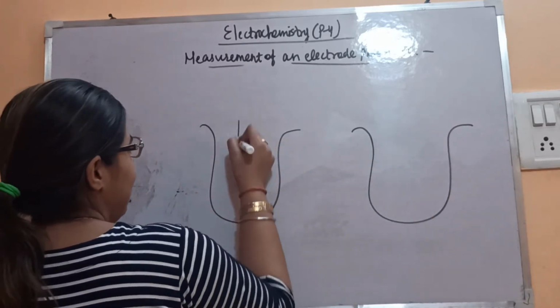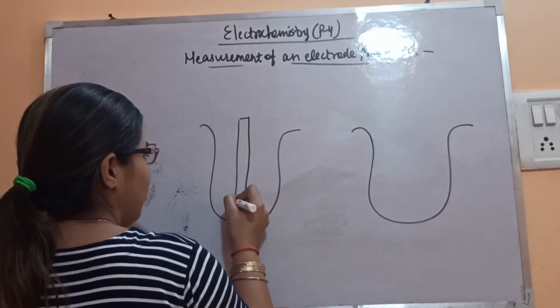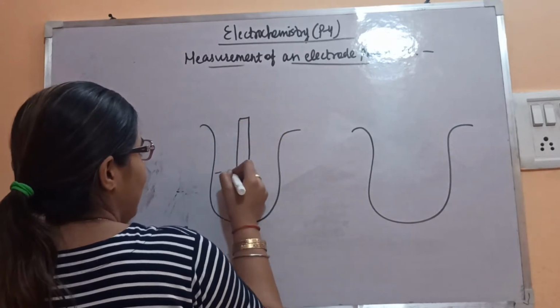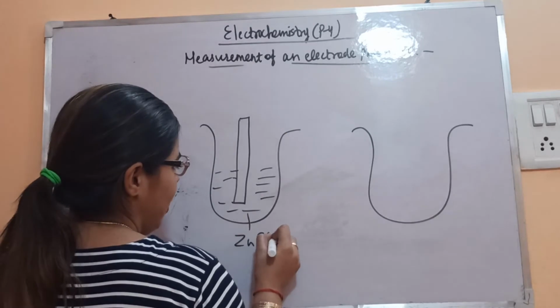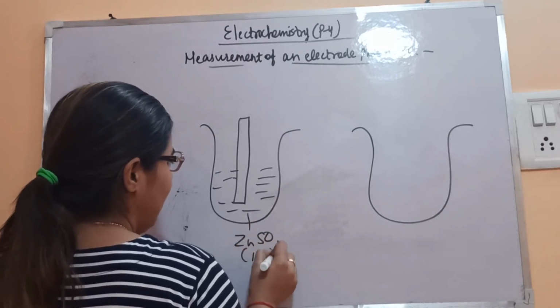On one side, if we want to measure the electrode potential of a zinc rod, here we have taken the zinc sulfate solution, 1 molar.